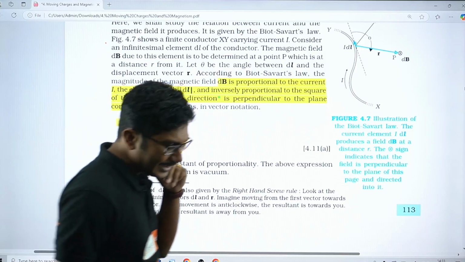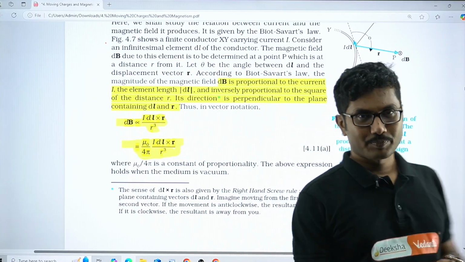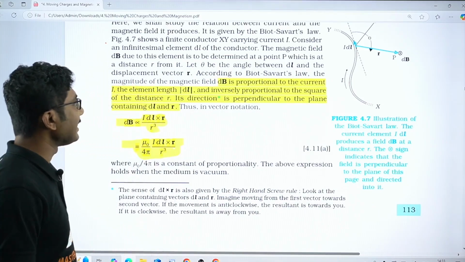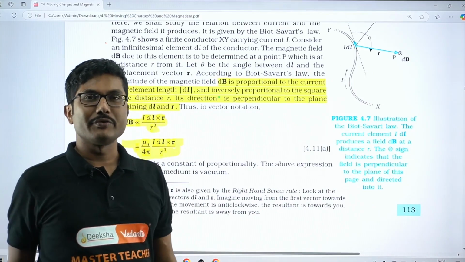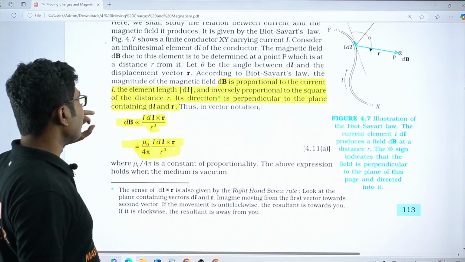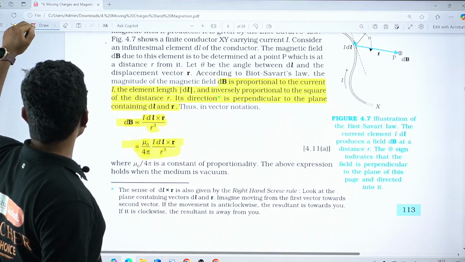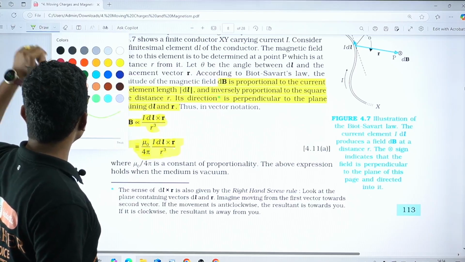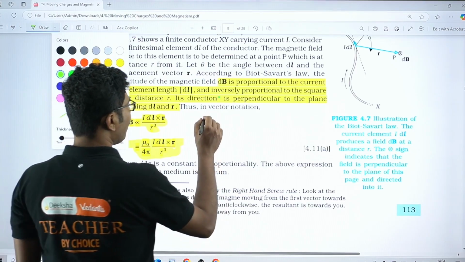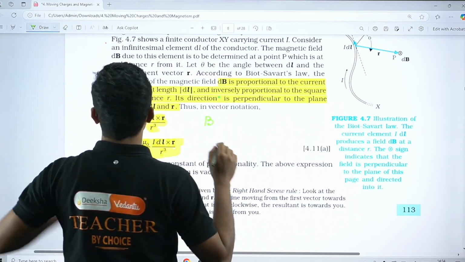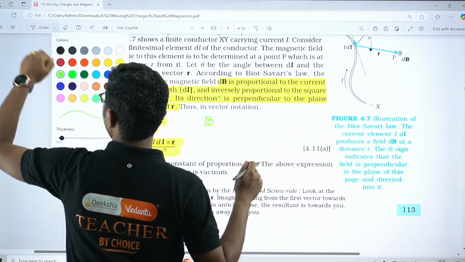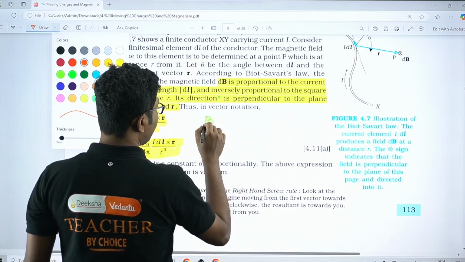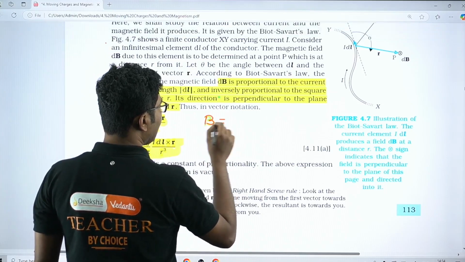Now why have they given r cube here? Why in the book have they given r cube? These are small things they skip, and you get confused when reading the book. Wherever you study Biot-Savart's law, you will notice that it is given in the form dB.